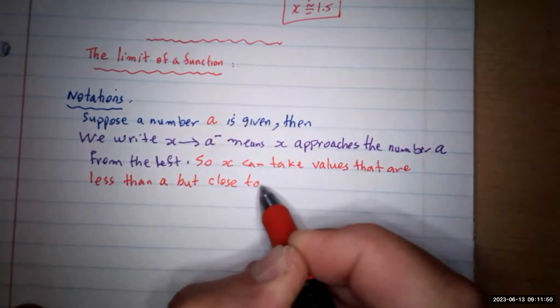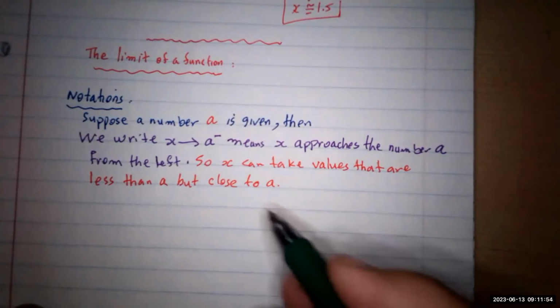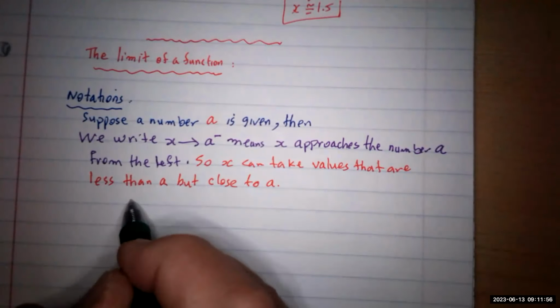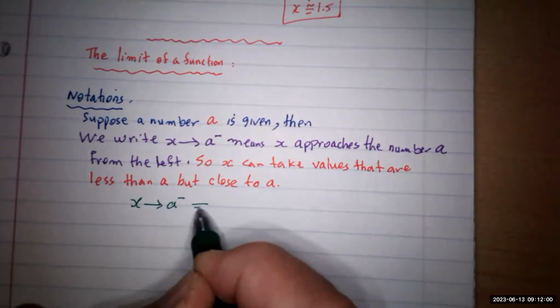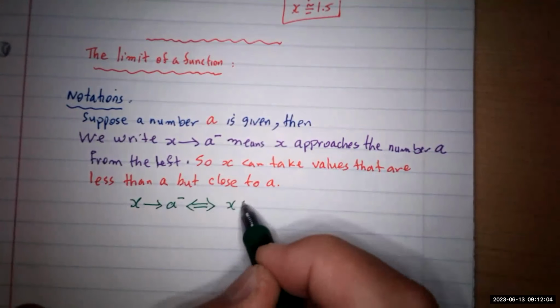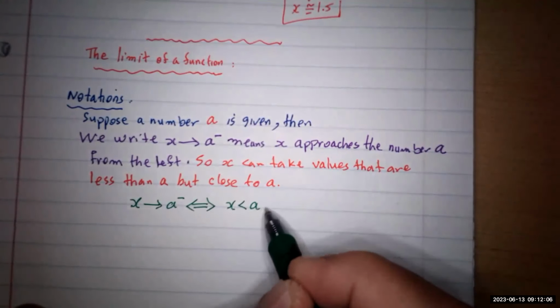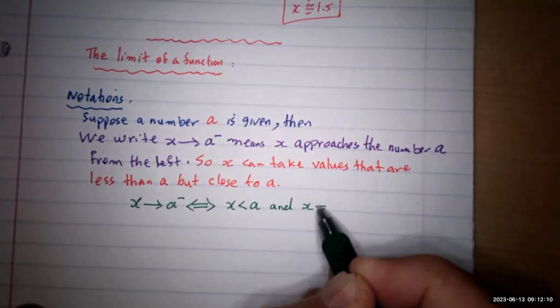So basically, again, when we write x goes to a negative, it's if and only if x is less than a and x is close to a and x is approximating a. This is the way I'm going to use it.